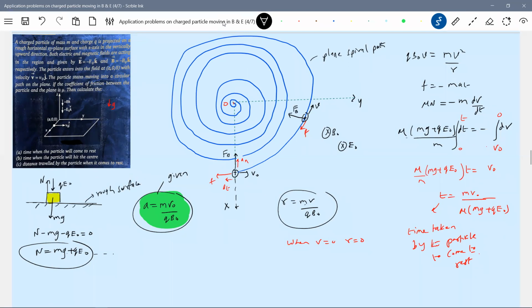And this force will be directed towards the center. Okay, the time, I think both are the same, no? Time taken by the particle to come to rest and time taken by the particle to reach the center.